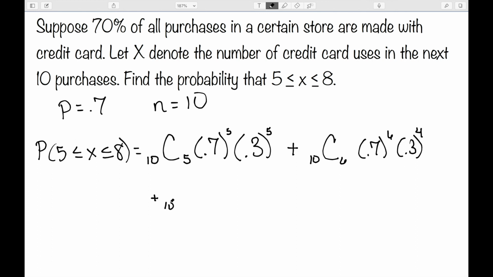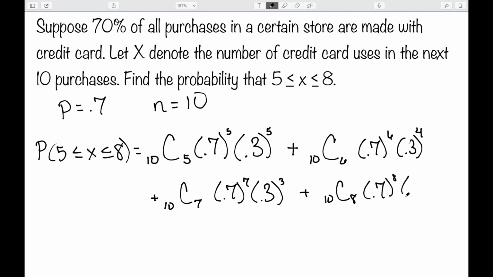We also need to consider 7. So this time we have 10 choose 7, 0.7 to the 7, 0.3 to the 10 minus 7. And finally 8, 10 choose 8, times 0.7 to the 8, 0.3 to the 10 minus 8. And if we work this out, we get 0.873.